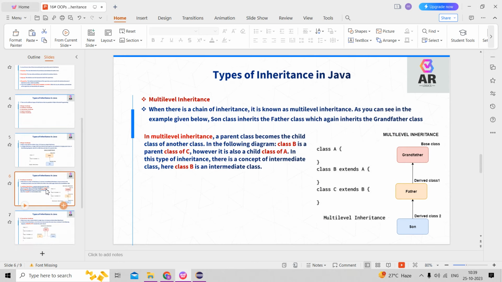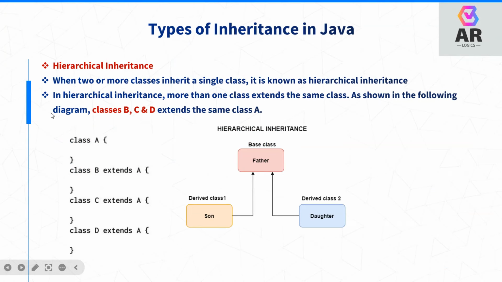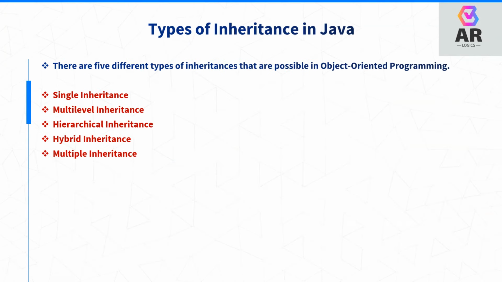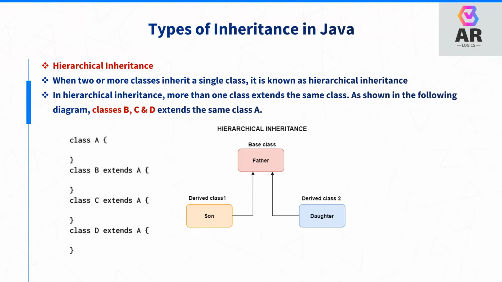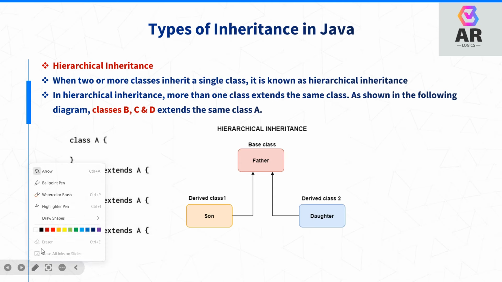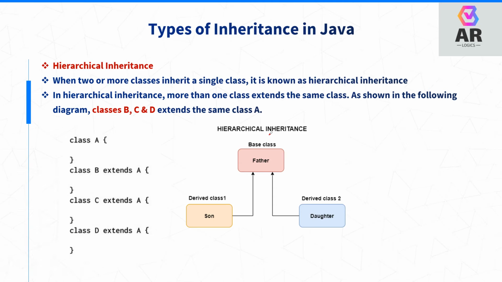Another one is hierarchical inheritance. Hierarchical inheritance: a single superclass inherited separately by two or more subclasses. Single superclass. See, this is a single subclass, base class, anything, whatever you are convenient with.